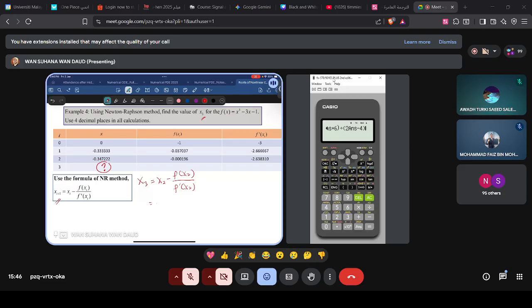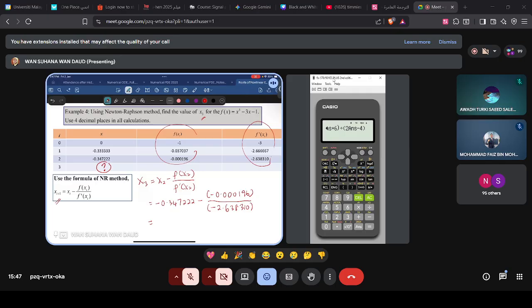So x2 in this case is negative 0.347222 minus f(x2) which is negative 0.000196 divided by f prime which is negative 2.638310. In this case you don't have to use the method that I've shown you before, with Ans and so on. You can directly use the formula because the values are given like this, to find the value.